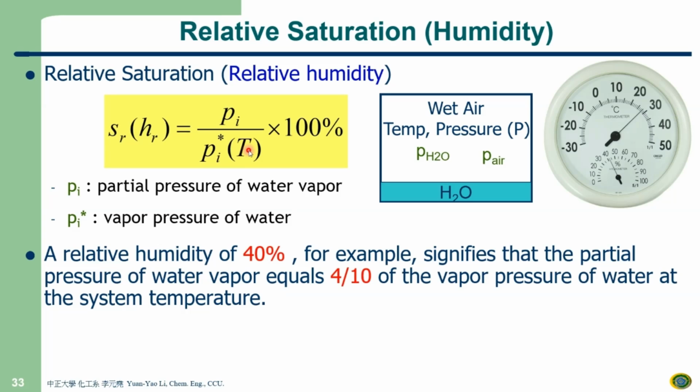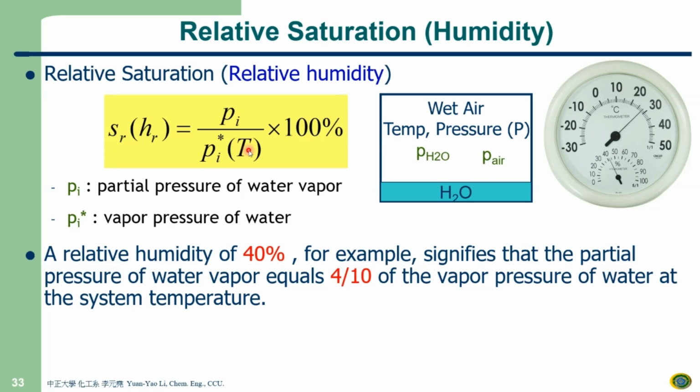A relative humidity of 40. If I say this environment is 40 relative humidity, is this dry or very wet? According to your experience, if I tell you RH is 40, is this environment dry or wet? Dry, right. You feel comfortable between 40 and 60 to 70, something like this.